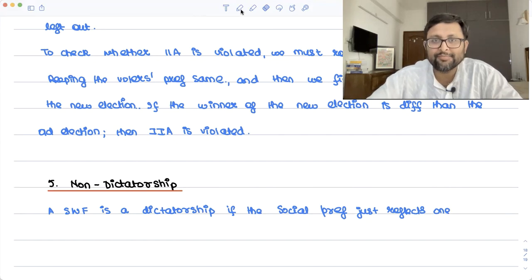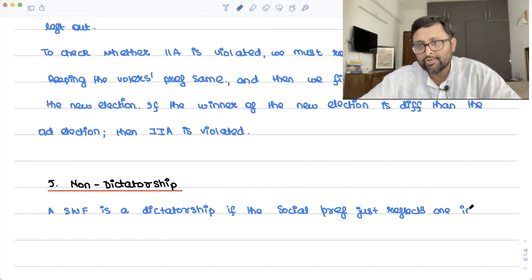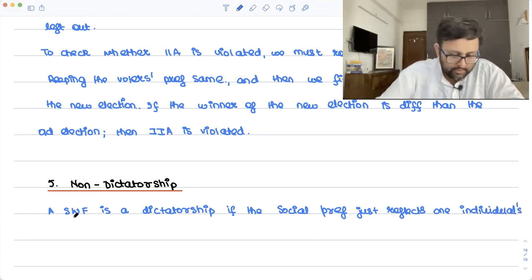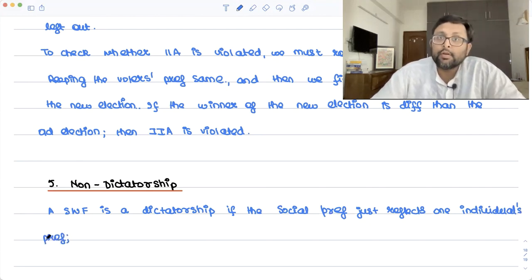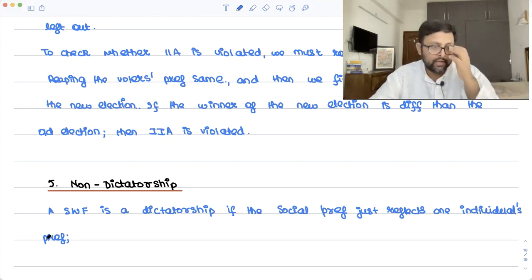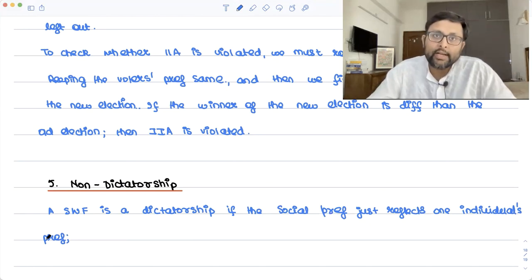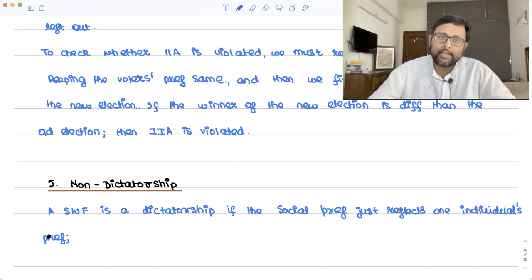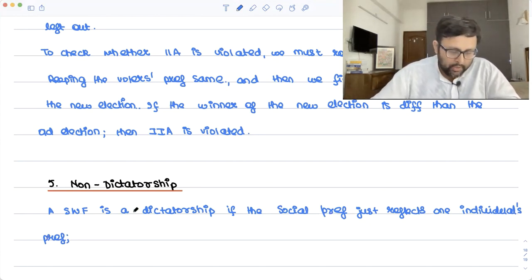When you're writing just one individual's preference, this is a dictatorship. So supposedly, if somebody is a dictator and he prefers X to Y and the entire society prefers Y to X, but still X to Y would be there, right?